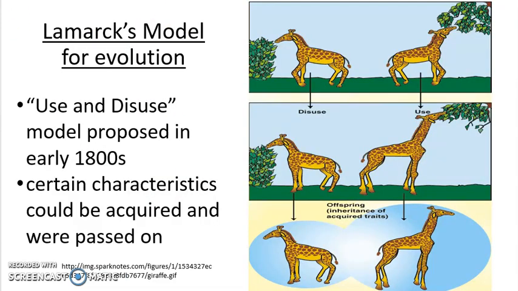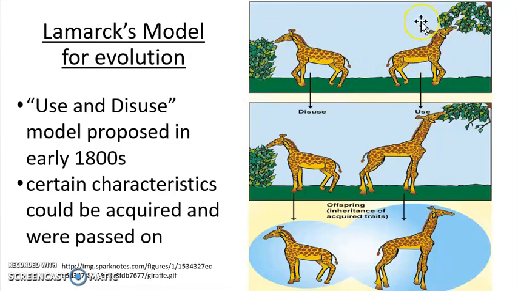And if we go back and look in history, we can see some of the early models for evolution are kind of interesting. One of them was done by a Frenchman who proposed this model in the early 1800s, and we refer to this as the use and disuse model. Basically what he proposed, demonstrated with our little cartoon of some giraffes, is that you have an ancestor species of giraffes. Some of these giraffes were eating low-lying shrubs, and so they did not develop a long neck.